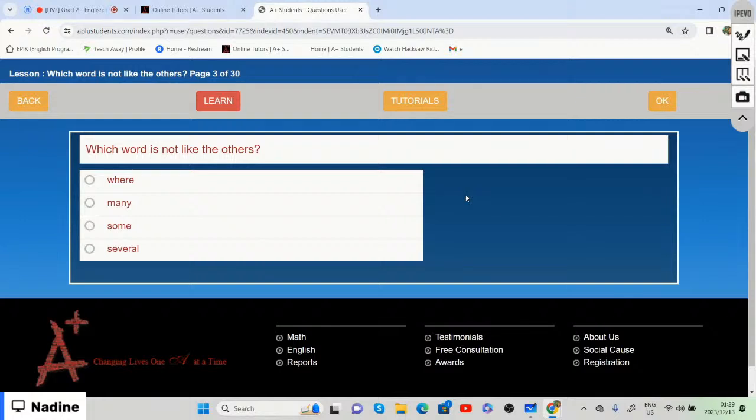So which word is not like the others? We have where, many, some, several. And if we select the word that is not related to the others, we're going to choose where.